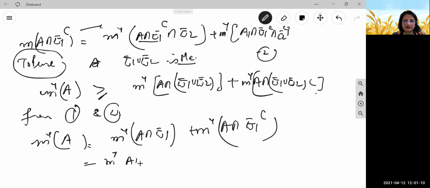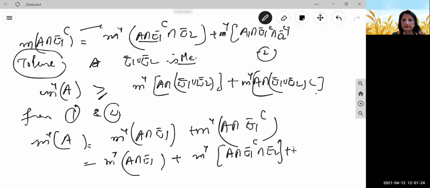This is M star A intersection E1 plus M star A intersection E1 complement intersection E2 plus M star A intersection E1 complement intersection E2 complement. So we have put all the values, right?